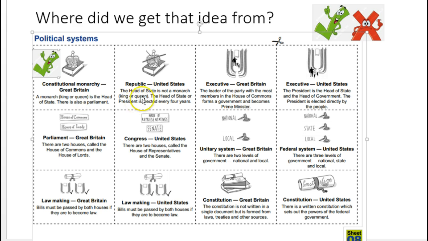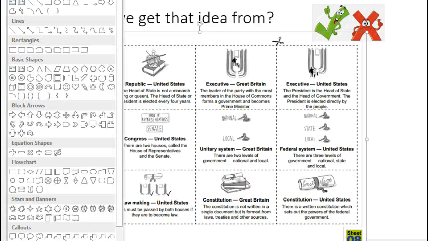Okay. What about this one here, our republic, United States? The head of state is not a monarch. The head of state is the president. That doesn't sound like us. Okay, so no, that is not us. We are going to put a cross through that.